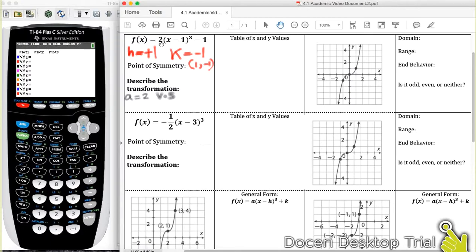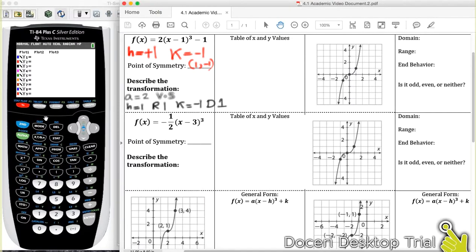Now h is 1. It means my graph is going to go to the right 1. K is negative 1. That means my graph is going to go down 1. Okay? Now remember, if h is positive, it means your graph is going to the right. If k is negative, then that means your graph is going to go down. If a is greater than 1, in this case 2, then that's a vertical stretch.